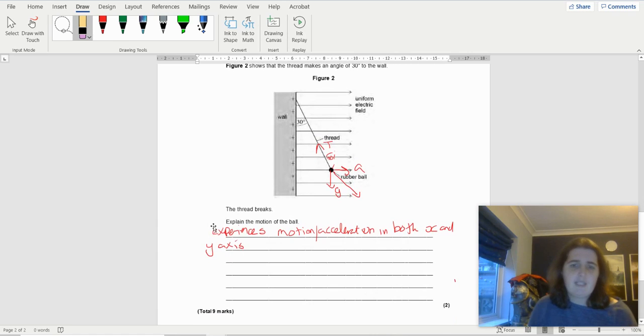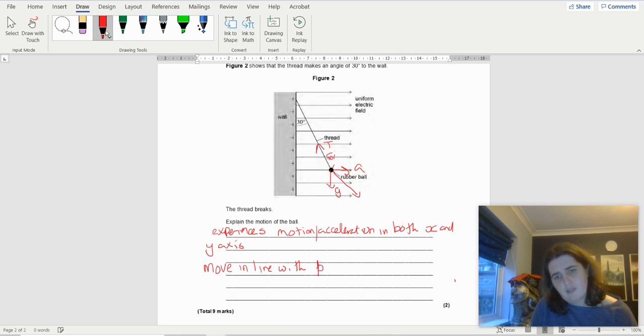So this idea of experiencing motion, acceleration in y and x, and then it will move in line with the thread at 30 degrees downwards.